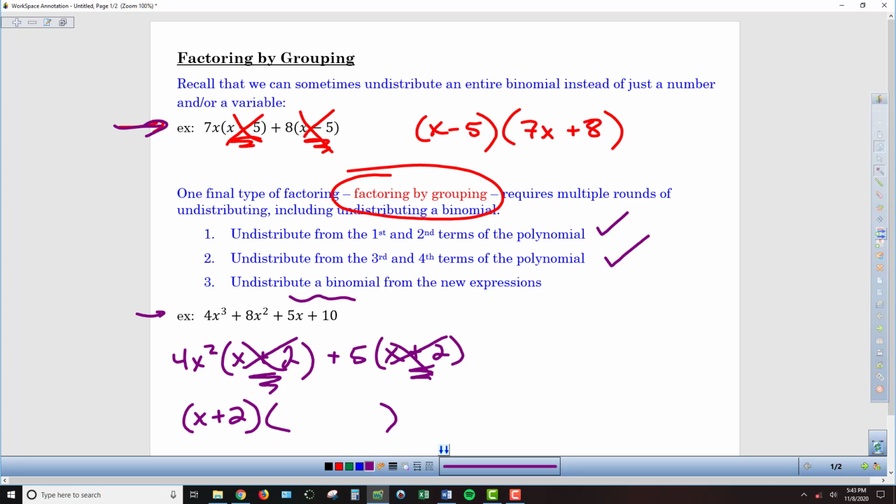We can see we've got 4x squared from the first part of the expression, and then plus 5 from the second. So this is step 3 here, where we undistribute the set of parentheses and then see what we're left with. And so then we end up with almost a reverse FOIL type of answer, but we got there through these multiple rounds of undistributing.